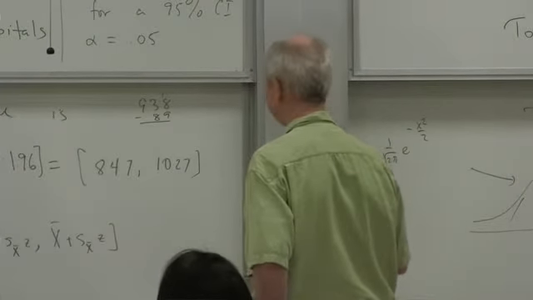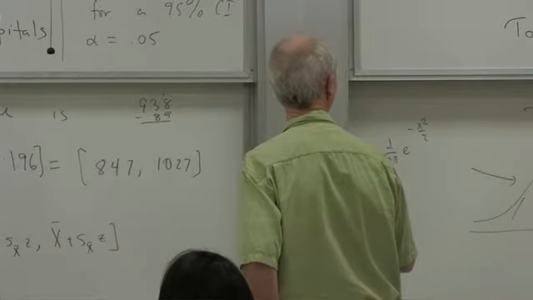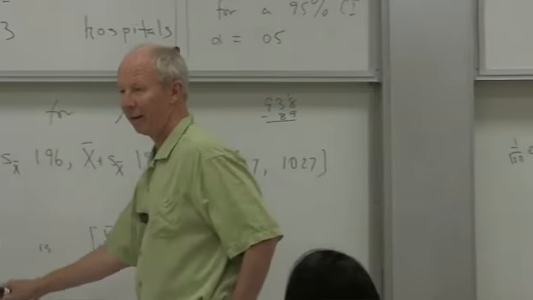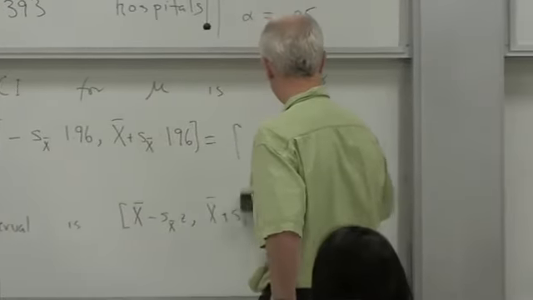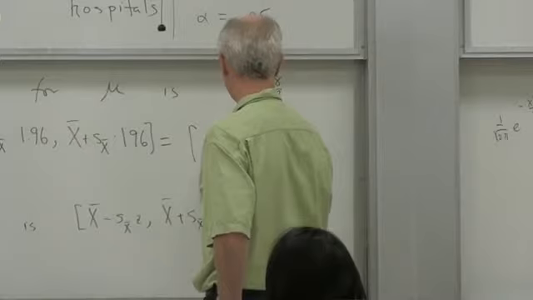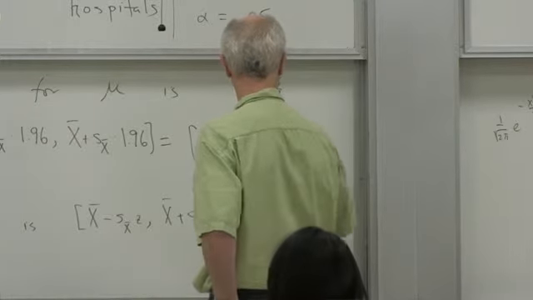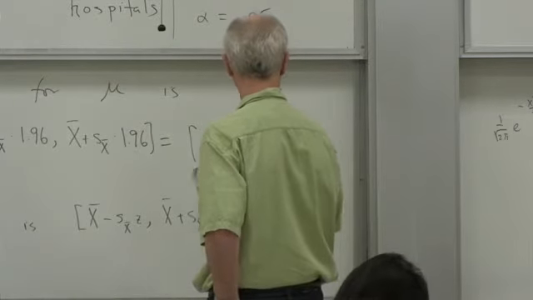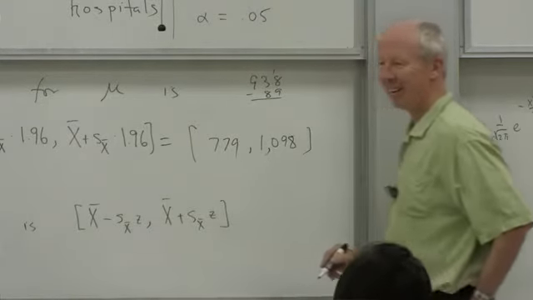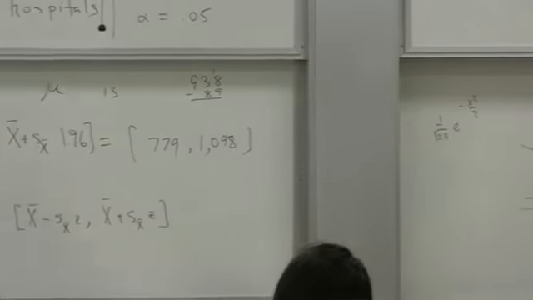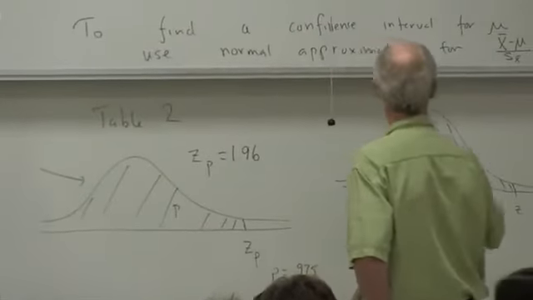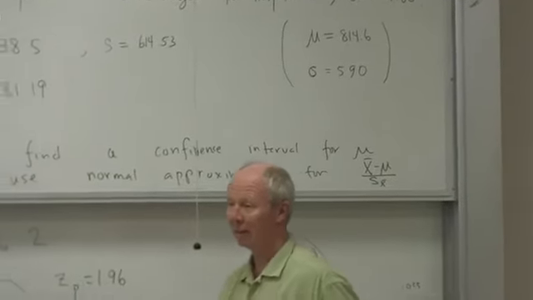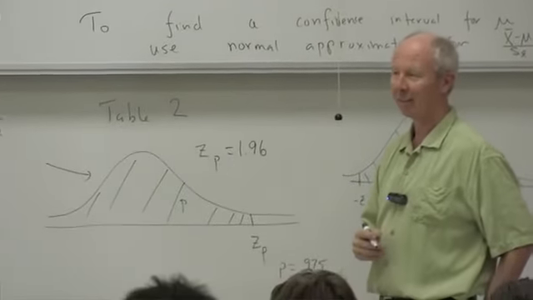Oh wait, no, 779. That's good enough. 779 to 1,097. 779 to 1,000 what? 97. Or 98. Make up your mind. 98? Okay. All right. And the true value is 814. So, well, we were lucky.